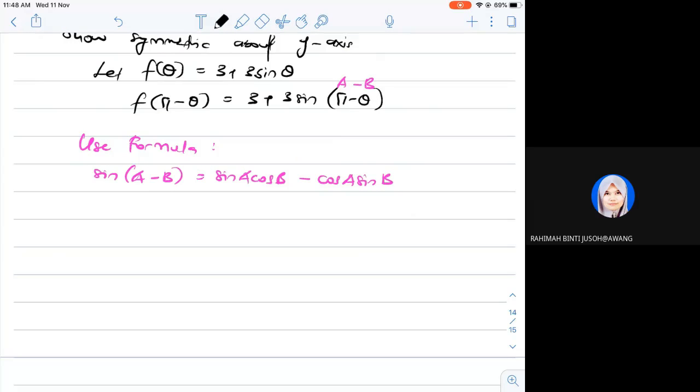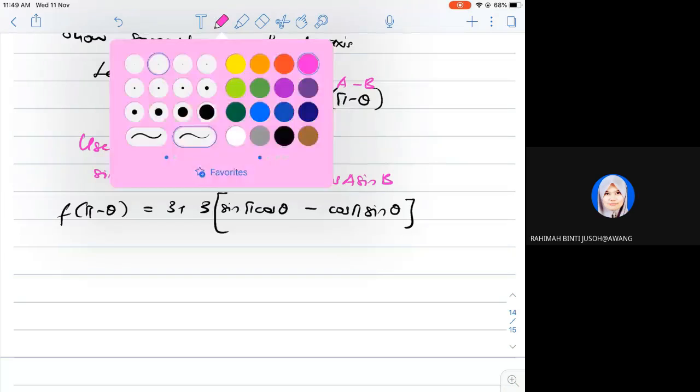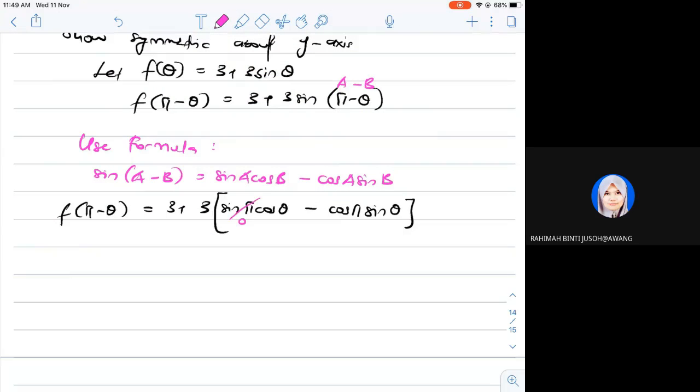Okay, so we can get f pi minus theta is equals to sine A, sine pi. So 3 plus 3, buat kurungan, sine pi cos theta minus cos pi sine theta. Macam tu. So now sine pi is 0. Okay, cos pi is negative 1.